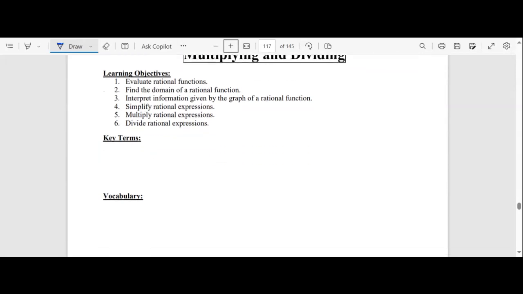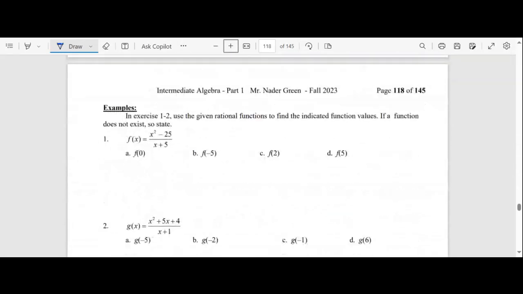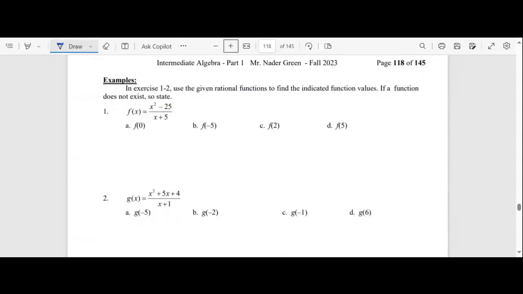So let's take an example. Example 1. It says in exercises 1 to 2, use the given rational function to find the indicated function values. If a function does not exist, state so.